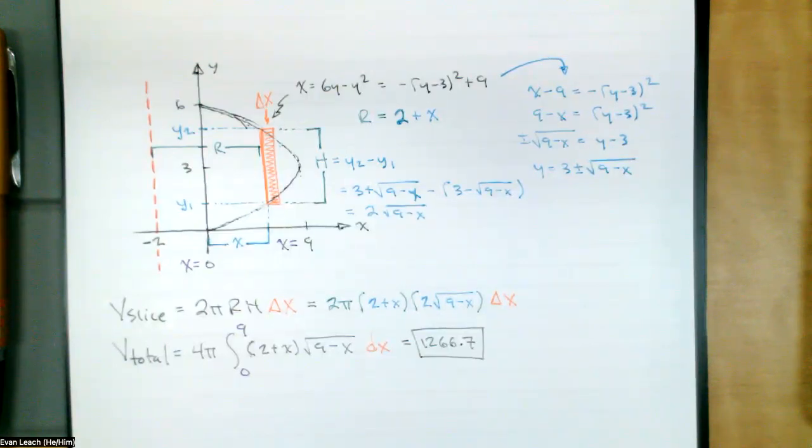I don't know which of these you thought was easier. I personally like slicing into shells, even if it involves having to invert a non-invertible function like you had to do here and coming up with two values. Mostly because on this particular problem, it was just a parabola.